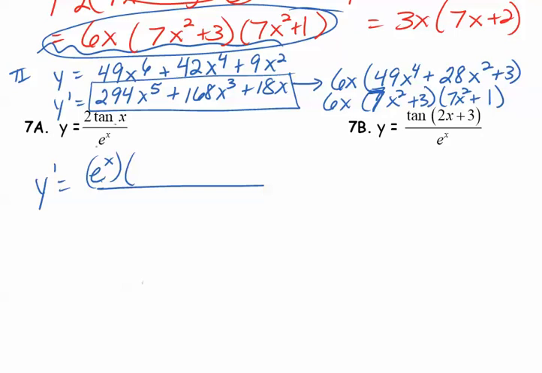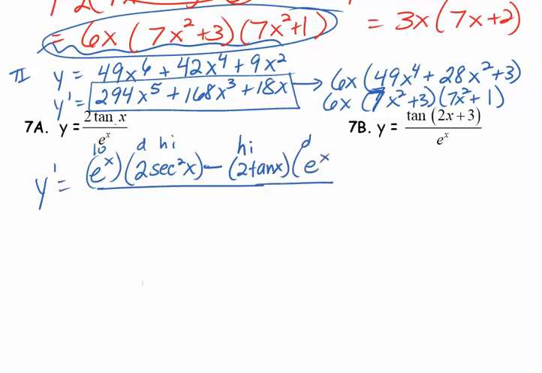So if I do low d high, the derivative of the numerator would simply be 2 secant squared x minus high 2 tangent x times d low. The derivative of e to the x is still e to the x. And low squared would give us an e to the x squared, and I know I can cancel one of those, is why I wrote it that way.